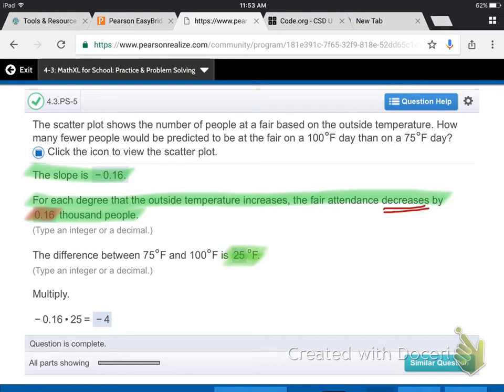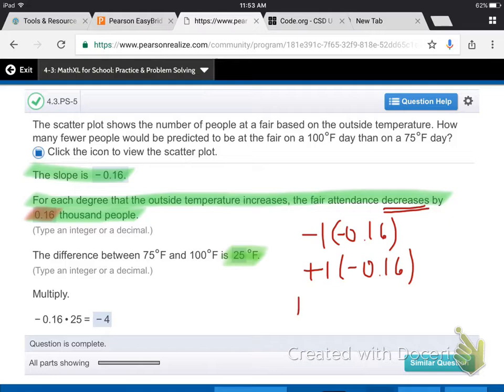Now, since for each degree the number of people goes down by 0.16 thousand, that means that if there's a -1 degree difference, we're going to multiply that by 0.16. If there's a positive 1 degree difference, we're going to multiply that by negative 0.16, okay?